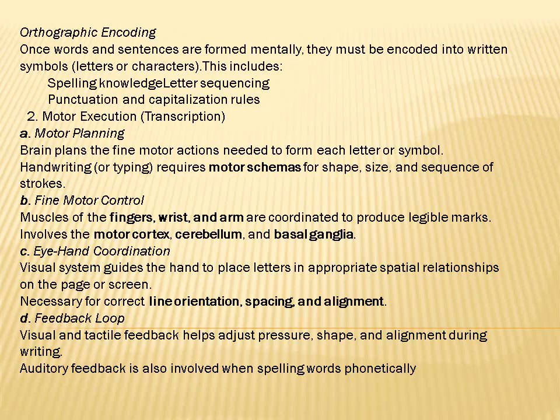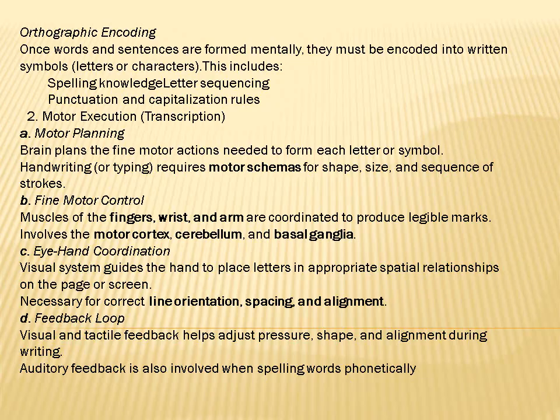1. Motor planning. The brain plans the fine motor actions needed to form each letter or symbol. Handwriting or typing requires motor schemas for the shape, size, and sequence of strokes. 2. Fine motor control. Muscles of the fingers, wrist, and arm are coordinated to produce legible marks.